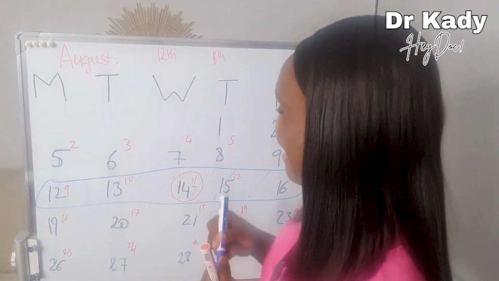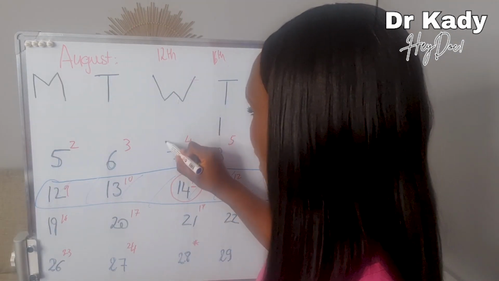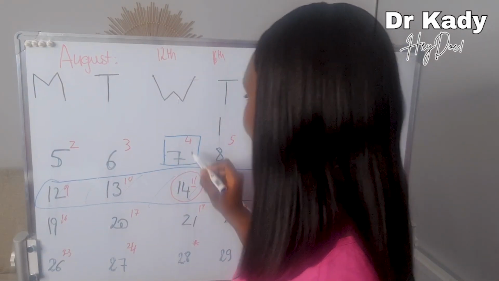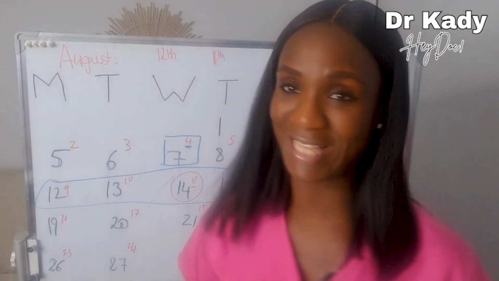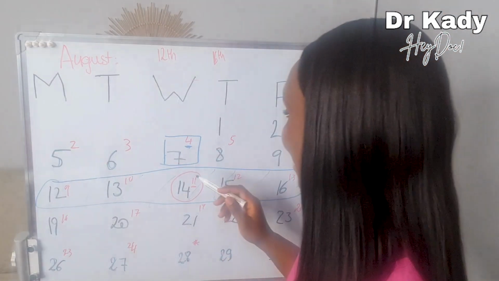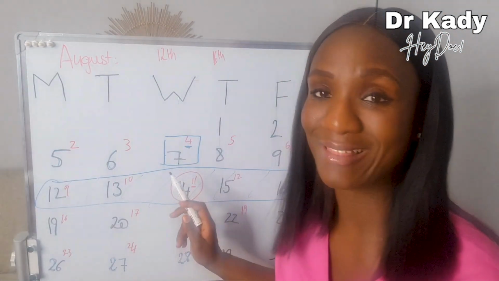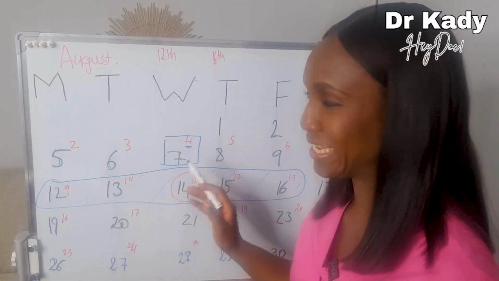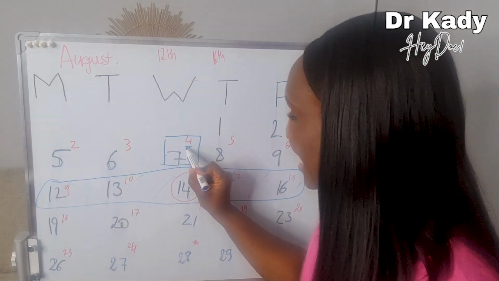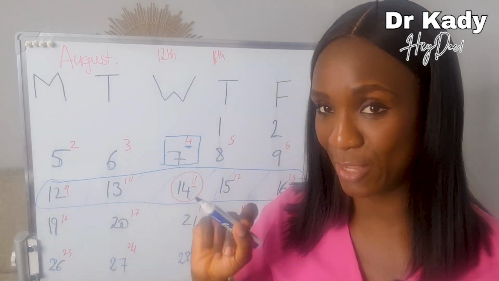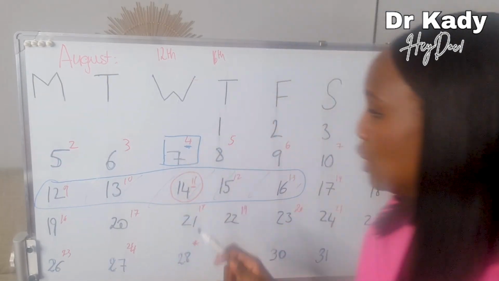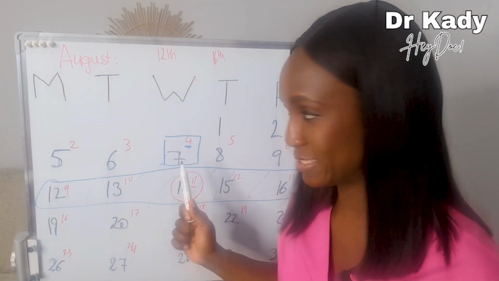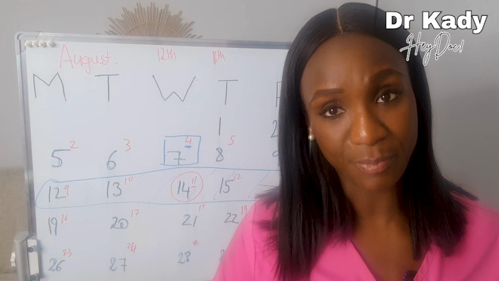So we see that as early as the 4th day in her cycle, and that would correspond to the 7th of August. But let's not worry too much about the actual date of the month. Let's look at the day of the cycle, the number of days of her cycle. So as early as the 4th day of her cycle, she could possibly get pregnant.